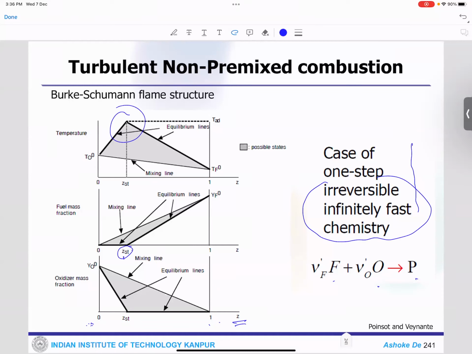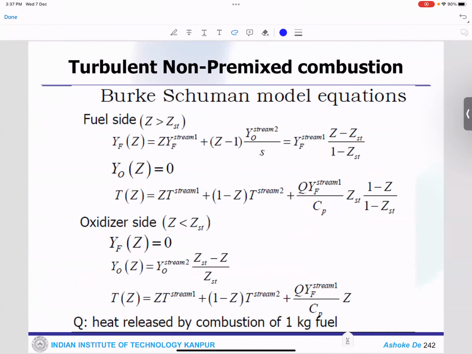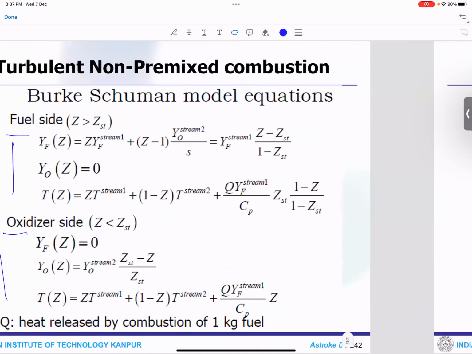So it gives you an equilibrium line, and at any given Z value you can estimate what my temperature could be, what the value of the fuel could be, and whether there will be any oxidizer or not. That's the equilibrium condition. It says that you have one fuel side situation and another oxidizer side situation, and from that curve you can find out my temperature and other parameters.